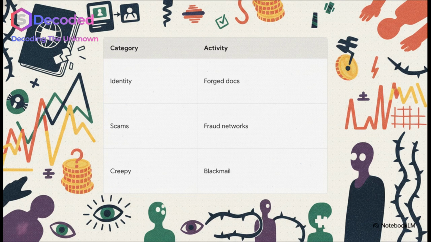You have fake identity markets that are dedicated entirely to trading forged passports, stolen credentials, and breached data. Then there are scam marketplaces, functioning as highly organized, full-blown financial fraud networks. And perhaps most unsettling of all are the creepy forums. These basically act as hubs for blackmail and some profoundly disturbing communities. When you view it categorized like this, the sheer scale and organization of this terrifying ecosystem is pretty staggering.